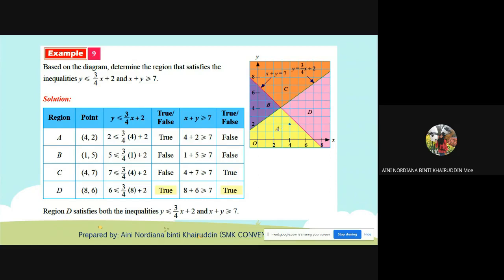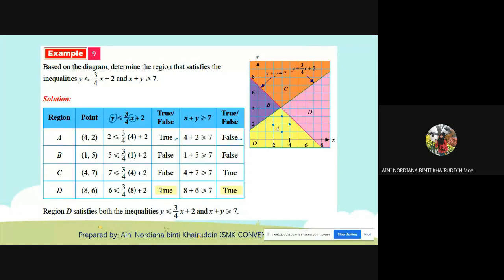When you do your exercise, maybe you can choose 3, 1, or 2, 2, or 3, 3. Any point. Then substitute the values of x and y into the inequalities, and write true or false.